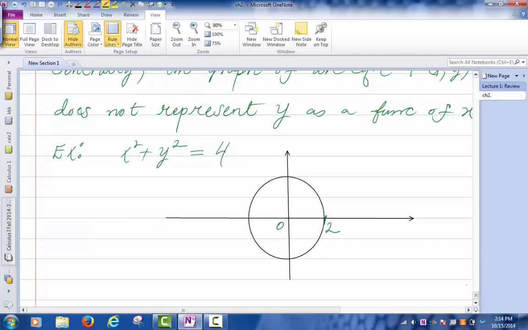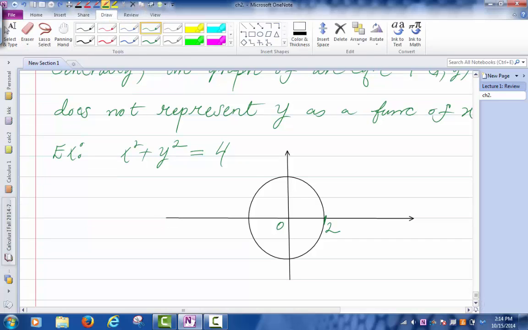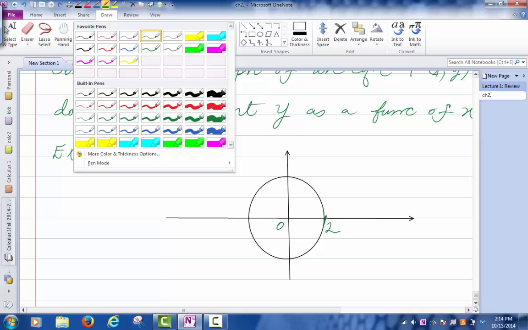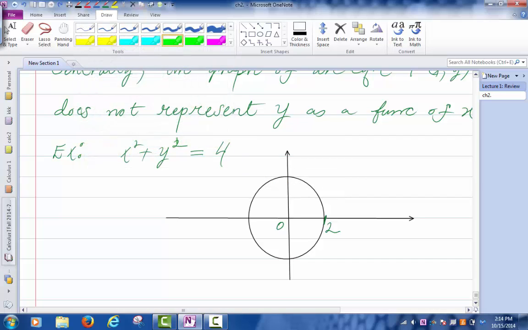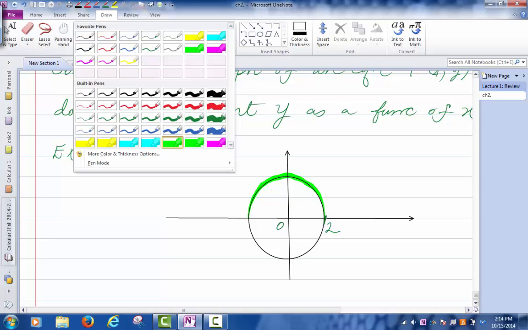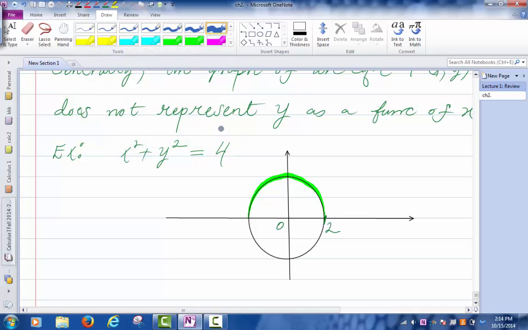However, if I take the upper part of the circle, that represents y as a function of x, just the upper part of the circle. And also if I look at the lower part of the circle, that also represents y as a function of x, right?